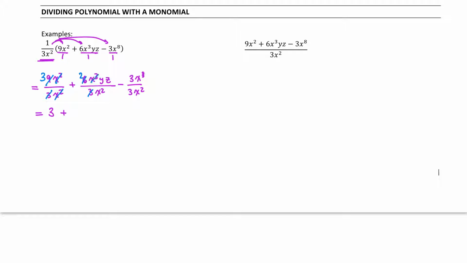X cubed divided by x squared will give me x. And to see how I got that, you can think of it this way. X cubed over x squared: they have the same base, so we keep the base, but we subtract the exponents, and I get x to the 1, or just x.